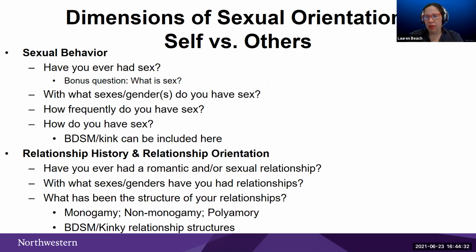Same thing with marriage, with various relationship structures, whether it's monogamy, non-monogamy, polyamory. You can also think of BDSM and kink as falling under the behavior realm and relationship formation realm in various ways. And these are dimensions of sexual orientation that when people think about them, they're the most visible, they're easiest to see because they're interpersonal.